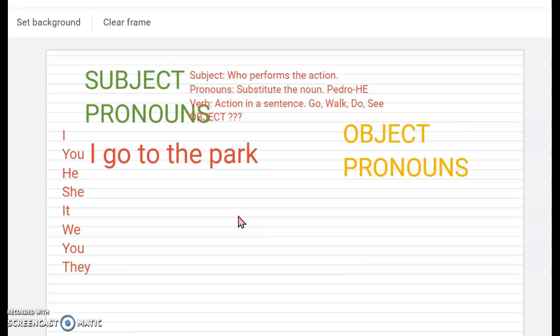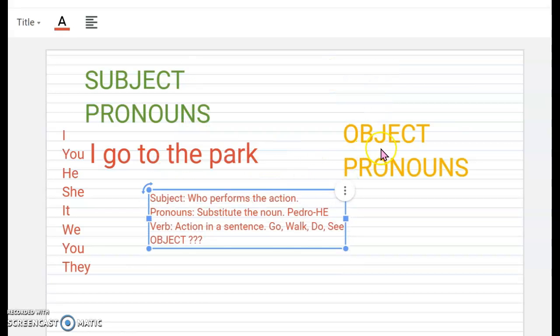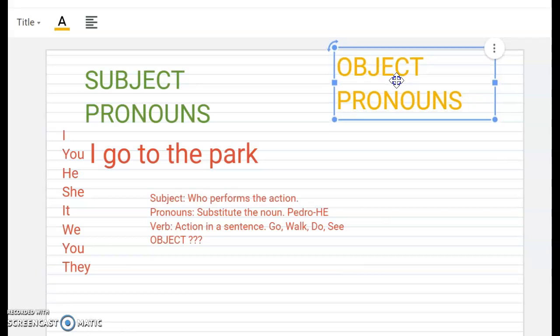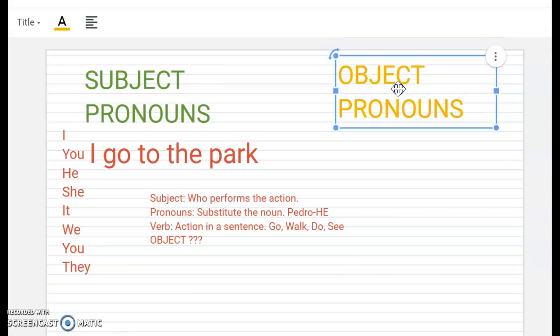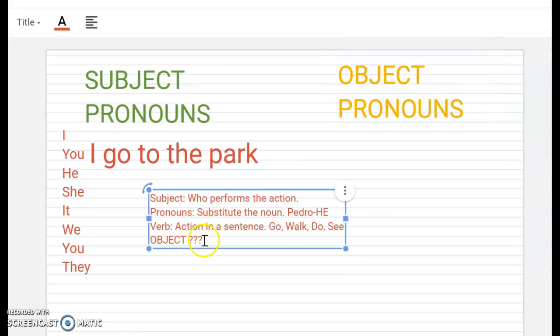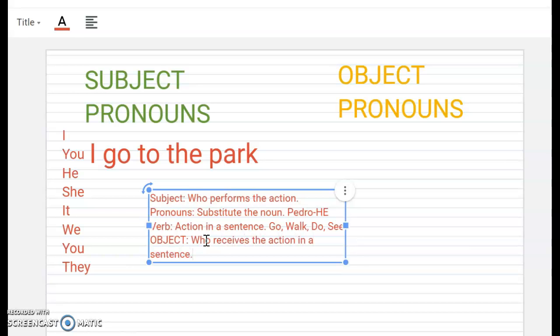So not all sentences have objects, like not all sentences have object pronouns. Because again, the object, let me write it here, the object is who receives the action in a sentence.